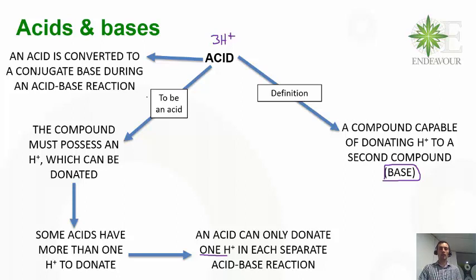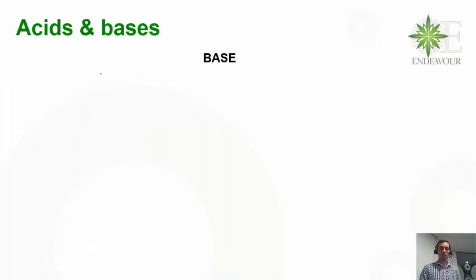But essentially, after the acid gives away its H plus, that now means that it's changed, and we can call the product version of the acid the conjugate base. Because it's lost an H plus in the process of the reaction, in theory it has the capacity to now take on that H plus again in a different reaction. That's why it's displaying characteristics that we can associate with a base.